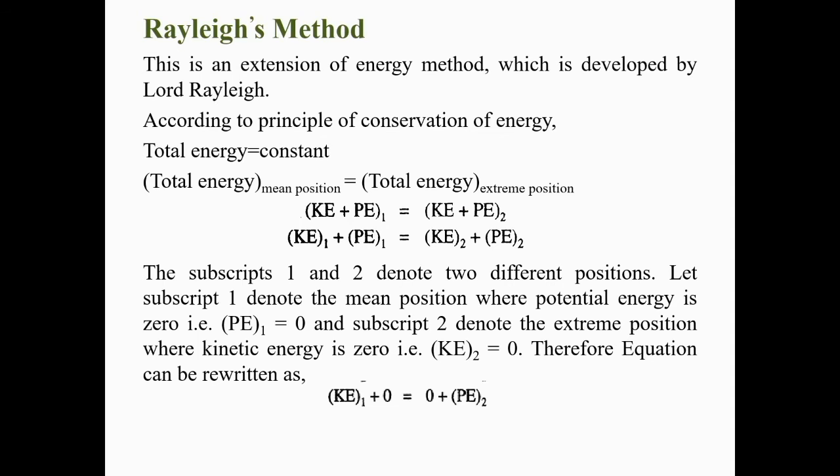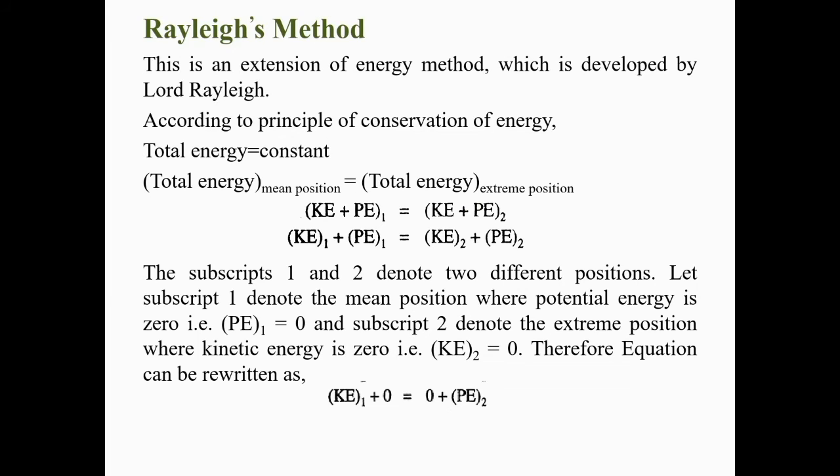Here we are going to consider energy at different positions: the system at the mean position and the system at the extreme position, upper extreme or lower extreme. Total energy remains constant as there is no energy loss, so total energy at the mean position would be equal to total energy at the extreme positions.